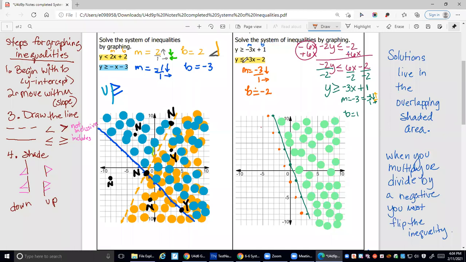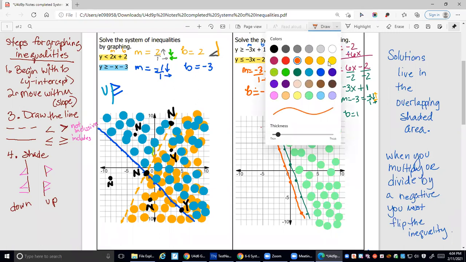So I have less than or equal to. It's got a line underneath it. I'm going to go ahead here and draw a nice solid line. Which way should I shade? Yeah, basically, Roman, you got it.